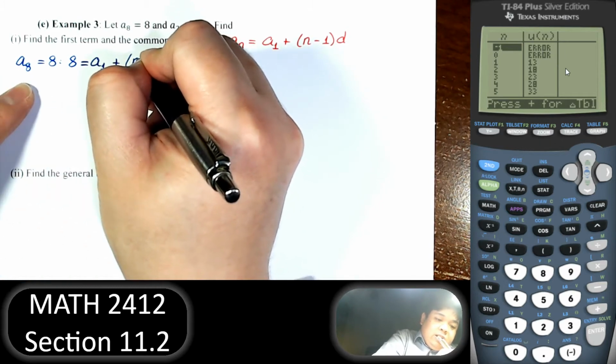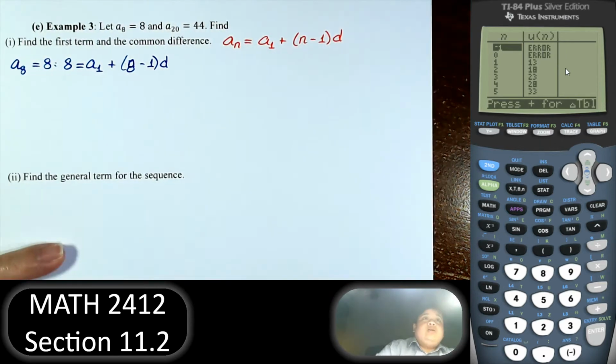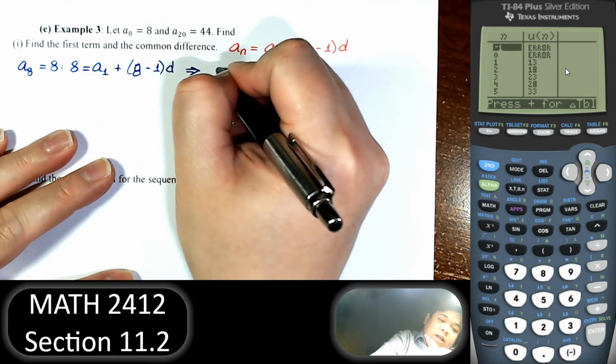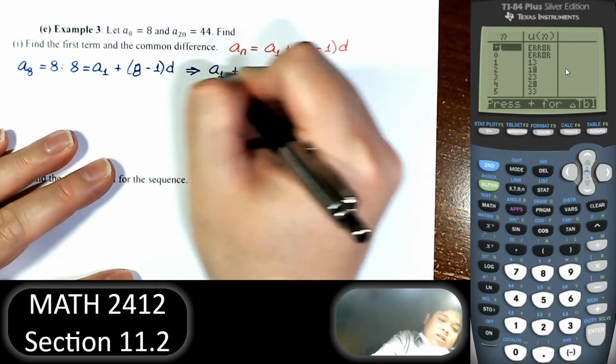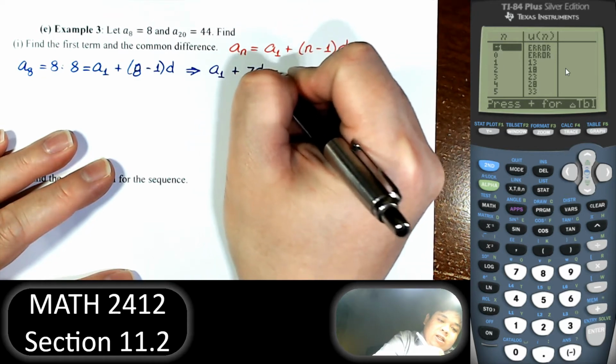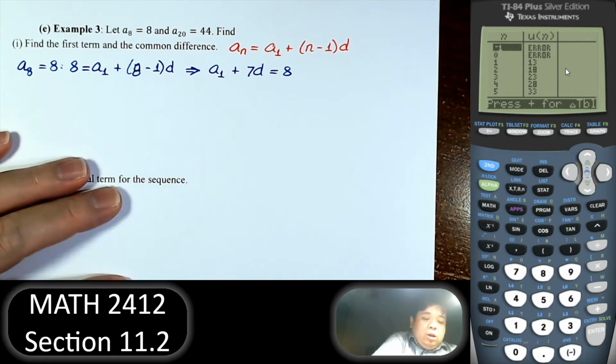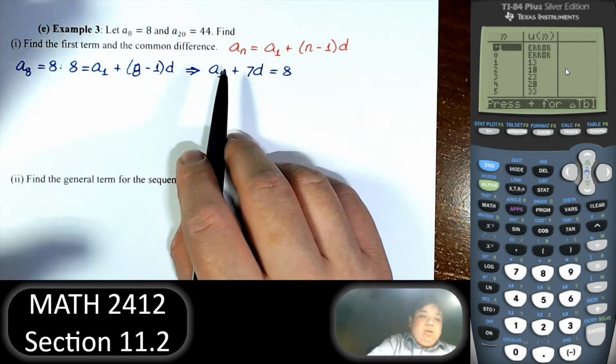We know n is 8, right? That's what we have. So we will have the equation a1 plus 7d is equal to 8, right? So the first term plus 7 steps to get to the 8th term.